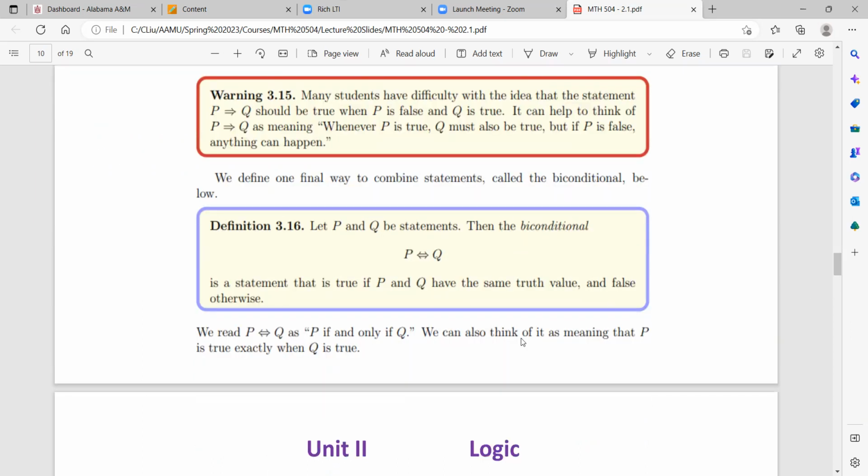We read it as P if and only if Q. So P and Q always have the same truth value: they must be both true or both false.